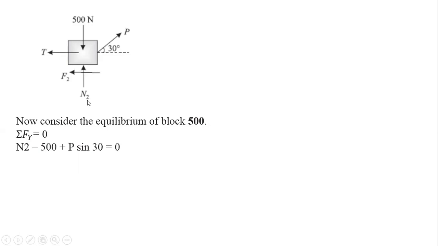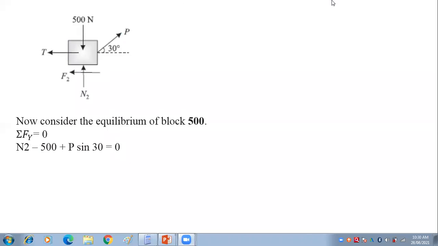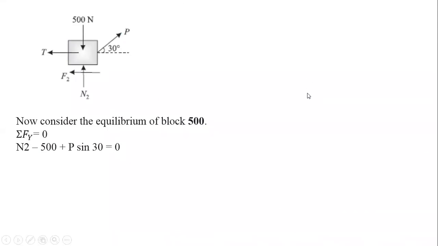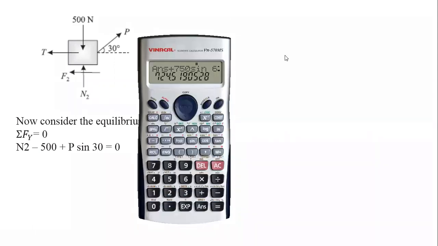N2 is going vertically upward, that's why we are taking it positive. The 500 Newton weight is going vertically downward, that's why we are taking it negative. And for this force, we have to make the resolution of force.